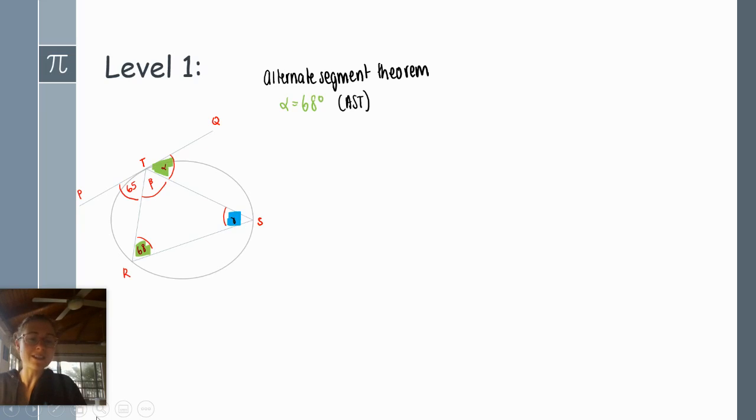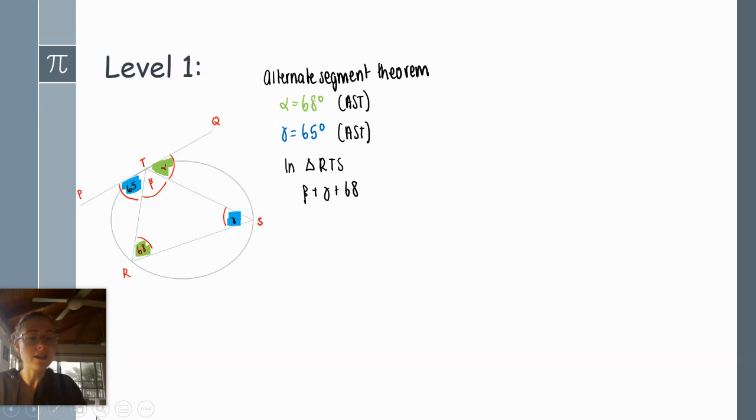Second angle. Well, what about this 65? And I think that's gamma, actually. I'll have a think about it. So I know angle PTR, again by alternate segment theorem, is the same as TSR. So they will both equal 65. Now I only have one remaining angle to find, and that is beta.